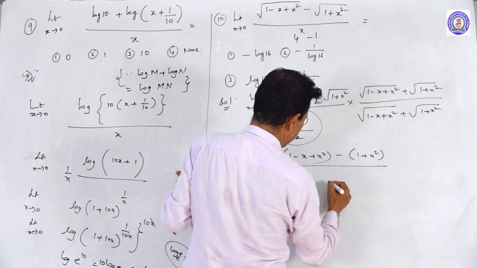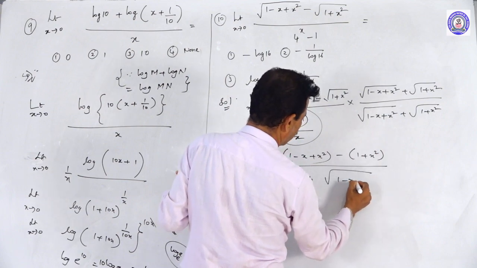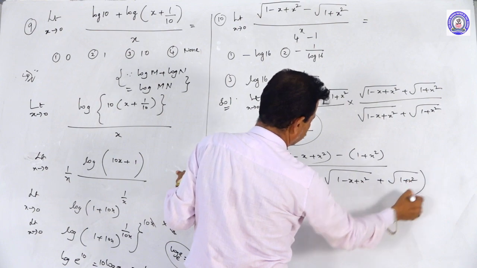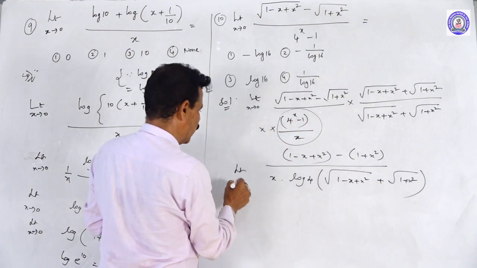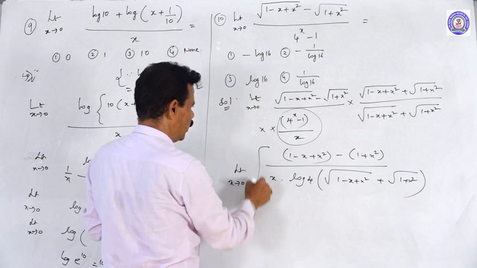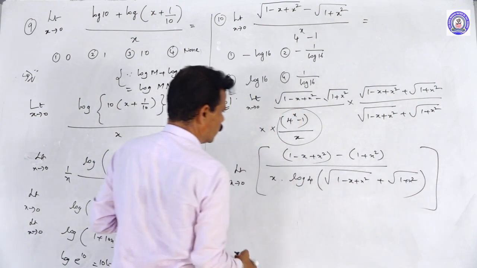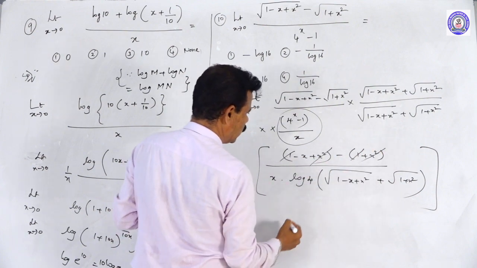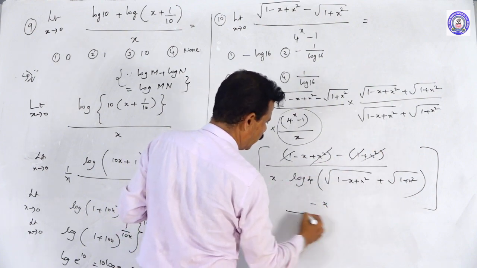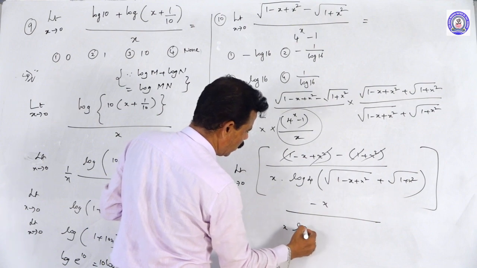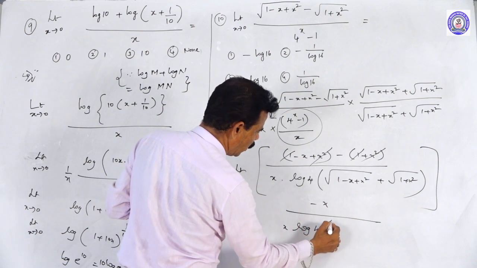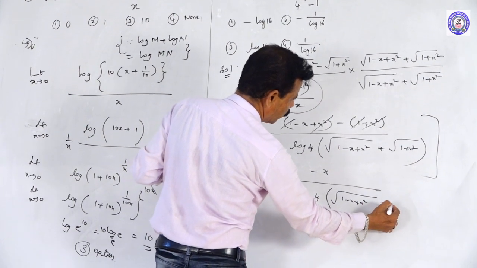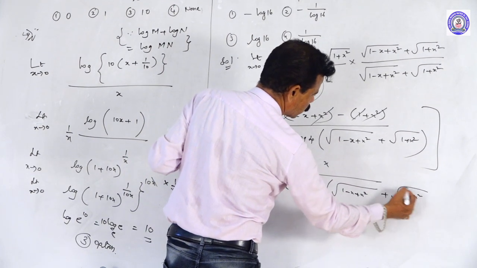Again this value here, under root of 1 minus x plus x square plus under root of 1 plus x square. Whereas limit x tends to 0 here, 1 cancelled and x square cancelled, minus x by x into log 4 times (root of (1 minus x plus x square) plus root of (1 plus x square)).